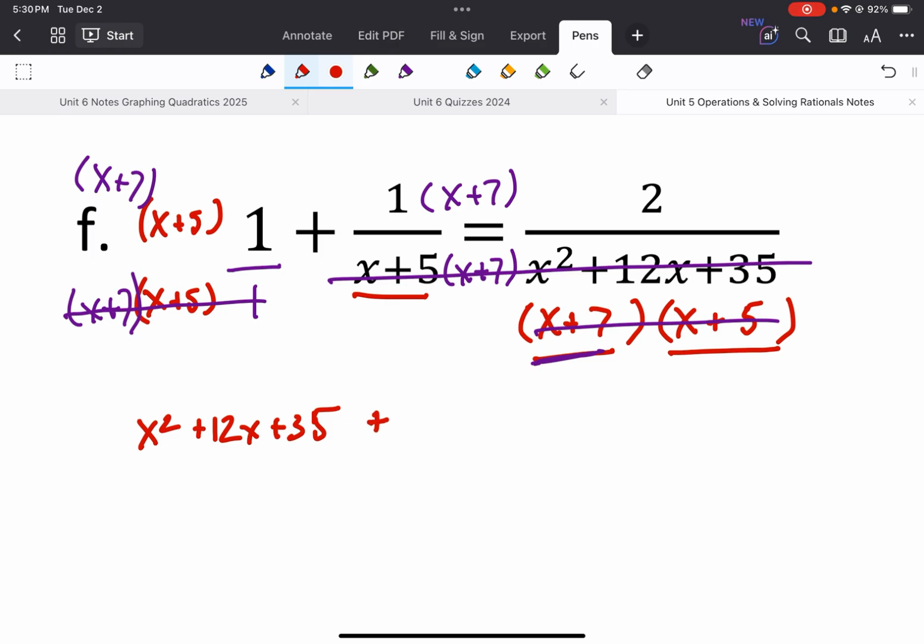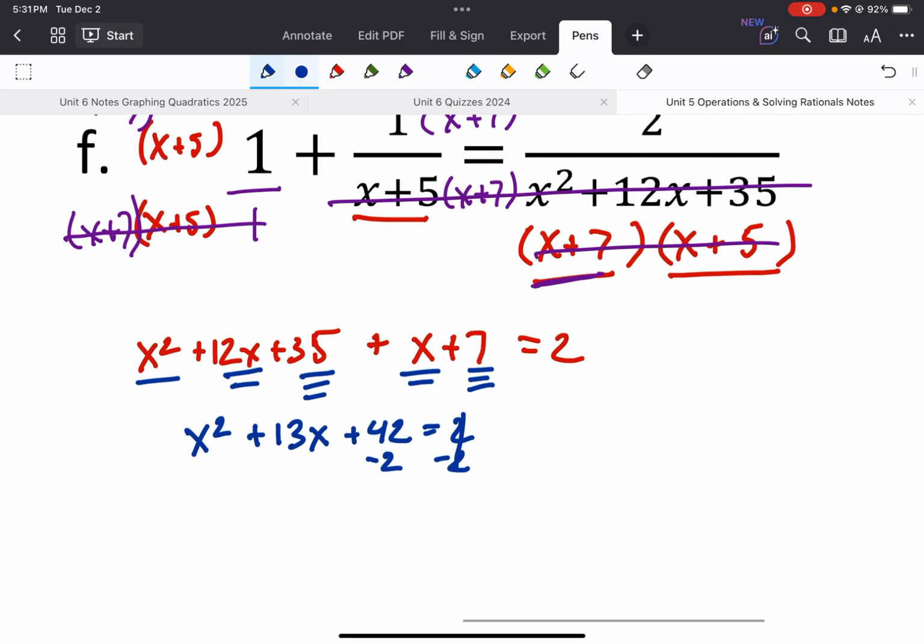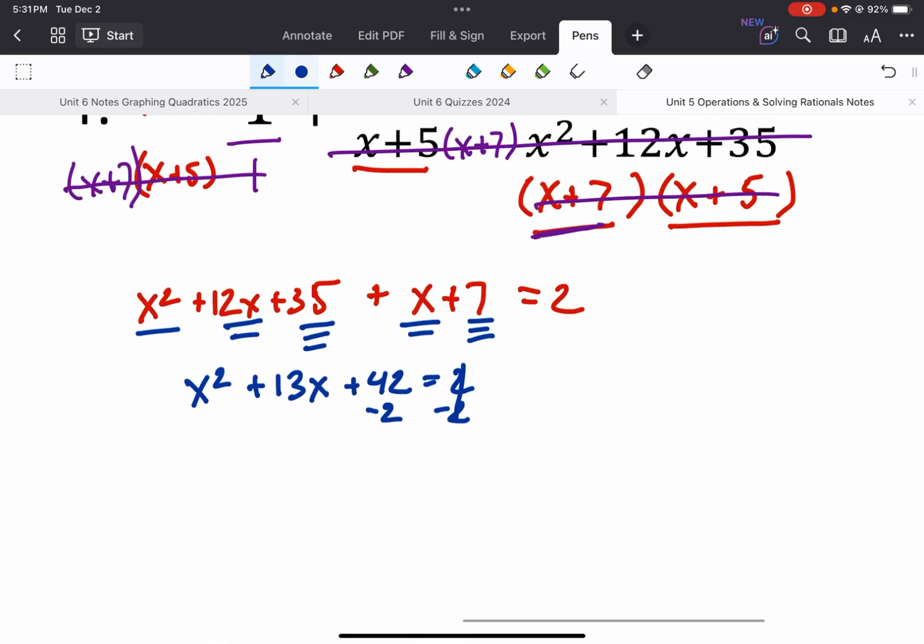And then we're going to add x plus 7 equals 2. All right, so combine like terms. We only have one term with x squareds. We have 2 with x's, so that would give us 13x. And then we can combine these to give us 42 equals 2. And then maybe subtract that 2 back to the other side. So that will give us a 40.